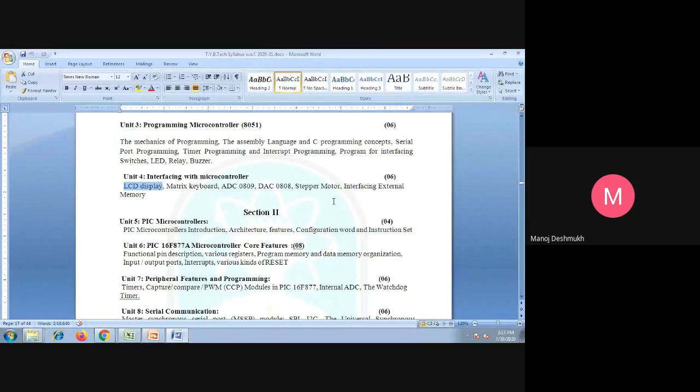Okay, next line. To develop an embedded system, it is necessary to interface various I/O devices with 8051.